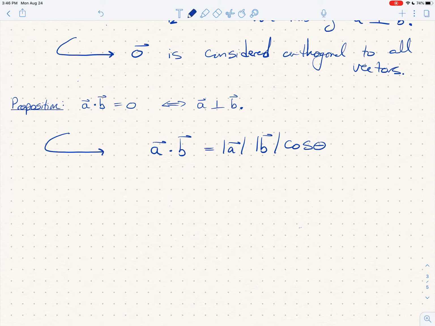I'm not going to go too crazy on this, but you can see that when the angle between A and B is less than 90 degrees, i.e. an acute angle, the dot product is going to be positive. When the angle between A and B is more than 90 degrees, i.e. an obtuse angle, the dot product is going to be negative, because cosine of an angle larger than 90 is negative, and cosine of an angle less than 90 is positive.